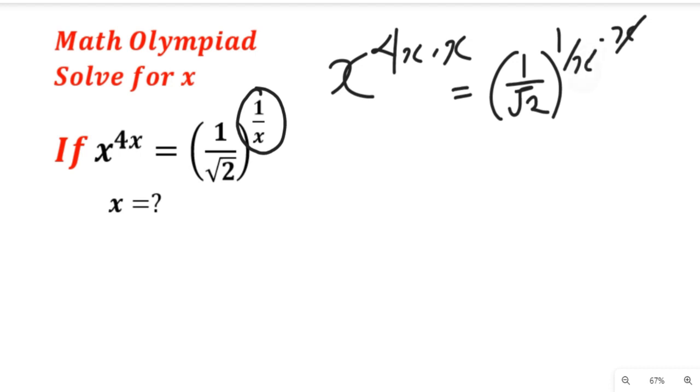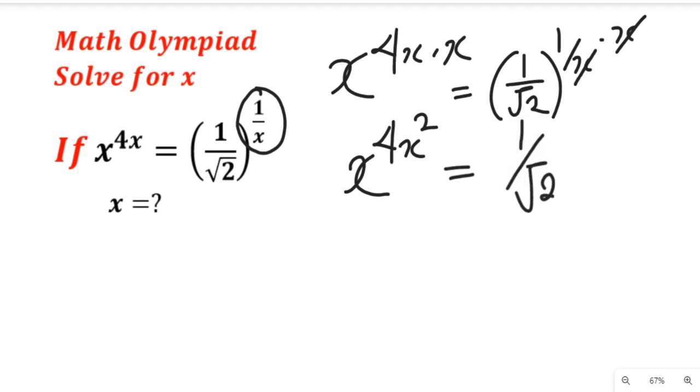Fine. With that, this x will go, and then we'll have x to the power of 4. This will multiply to give us 4x squared, and that will be equal to 1 divided by root 2. Good. So if that has been destroyed, the next thing we need to do is to also clear this 4.